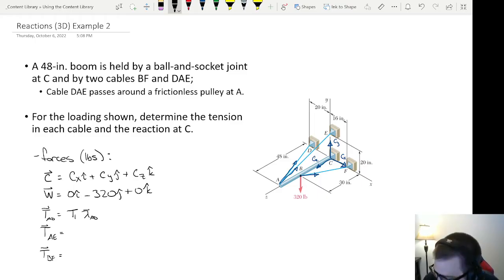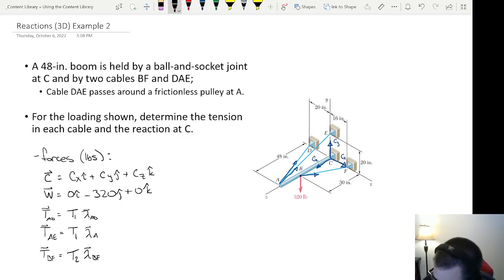I would be tempted to say some magnitude times its unit vector for each one, but that's not the case, because this AD and this AE are the same cable. Whatever that magnitude is here, it's the same magnitude there. This one is the only one that has a unique magnitude.